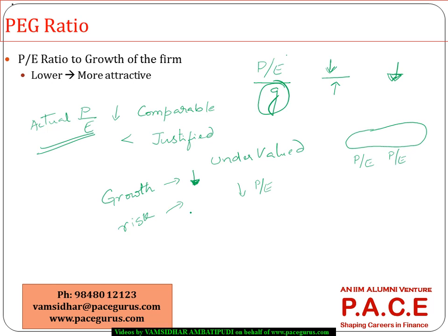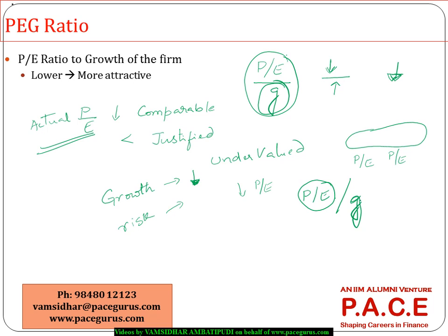So all these things give rise to another multiple called the PEG ratio, which is the P/E ratio for every 1 unit of growth. If the P/E is less and growth is also lesser, there is nothing much with respect to the investment decision, because probably it's not worthy.